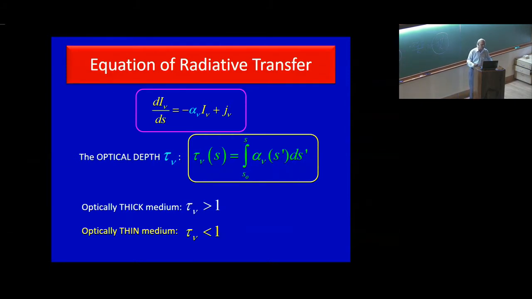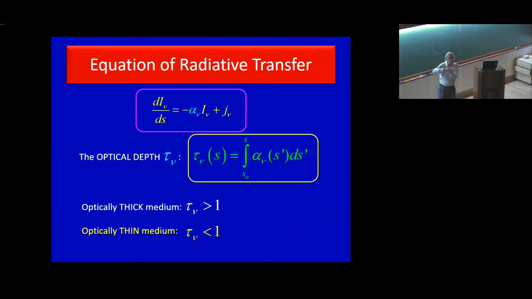Now let us introduce a very important concept in astronomy, also in nuclear physics, which is called the optical depth. It is usually denoted by tau. It's also a function of frequency. Now tau nu is simply an integral over the path from s0 to s of the absorption coefficient. In other words, if I construct a cylinder of unit area from my eye to the source, it is the integral of the absorption over that length.